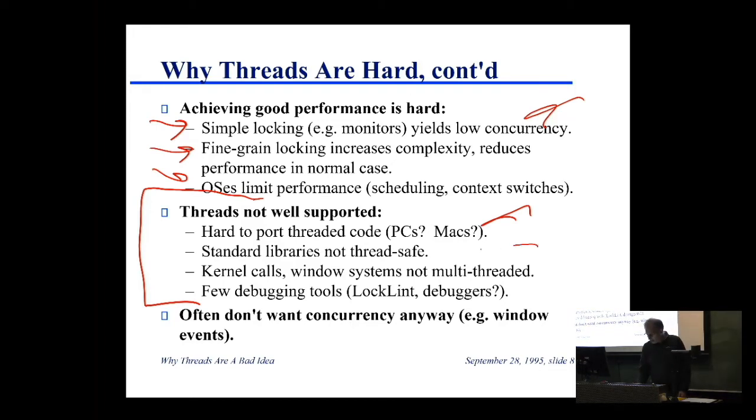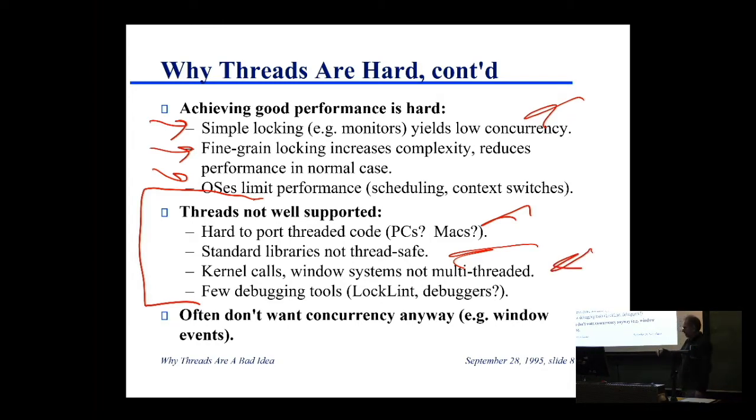The standard libraries of the day were not thread safe. So if two threads of a thread library called into libc at the same time, there's a whole bunch of races in there because no one thought that you would need a thread-safe C library because no one had threads. The kernel calls weren't multi-threaded.